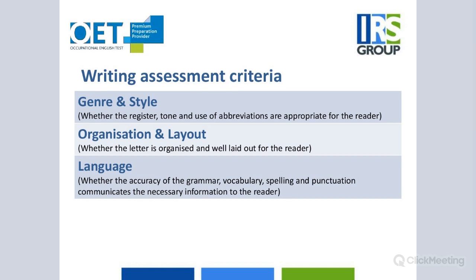Then we have the sixth one, that is language. When you say language, how it's assessed is your spelling, the right spelling, and the usage of punctuation marks when you communicate, like commas, full stops, apostrophes. All these things come into place, and even vocabulary.